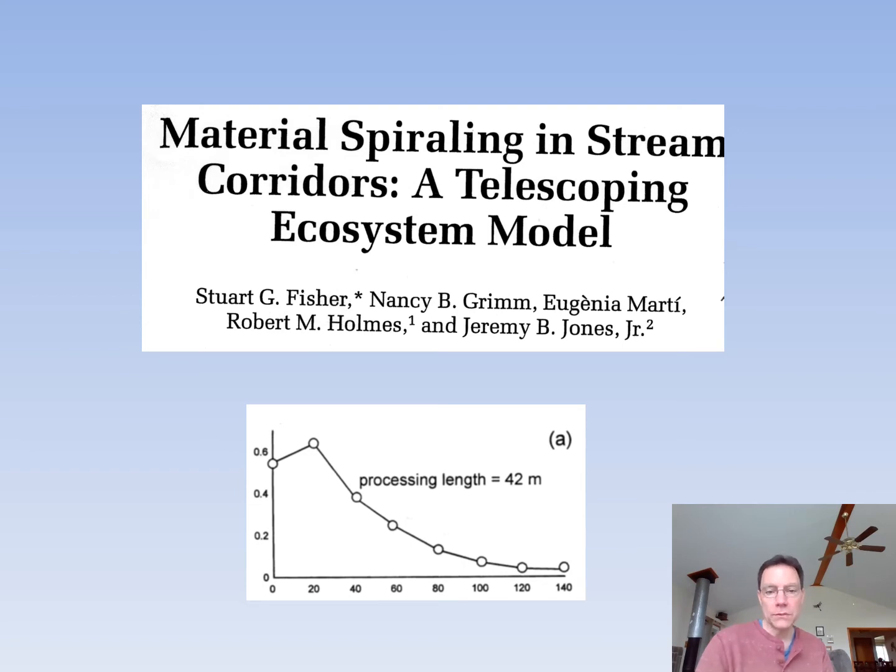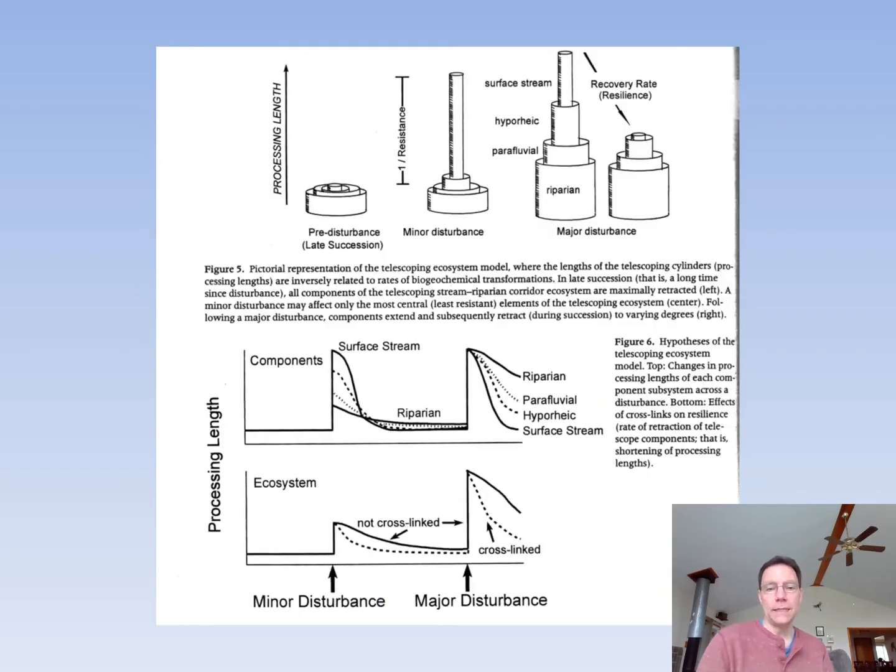And as we go down the stream here, you might say we're going down numbers of meters from wherever it entered. And so now we're up to 120, 140 meters, and pretty much that leaf is getting processed. So that's the processing length. The idea of this concept is that in late conservation phase or late successional phase, all the different parts of the stream, the riparian corridor and the parafluvial zone and the hyporheic zone and the surface stream, are all pretty well connected with each other.